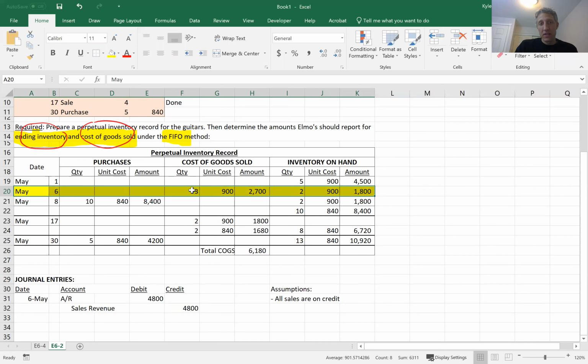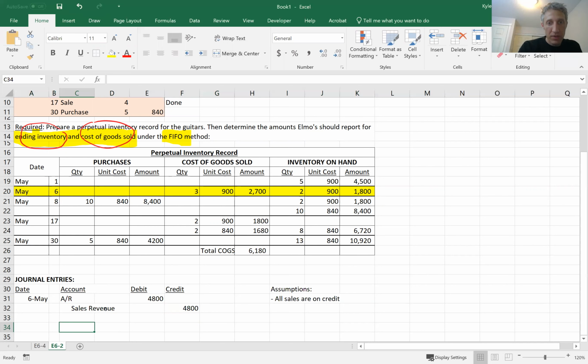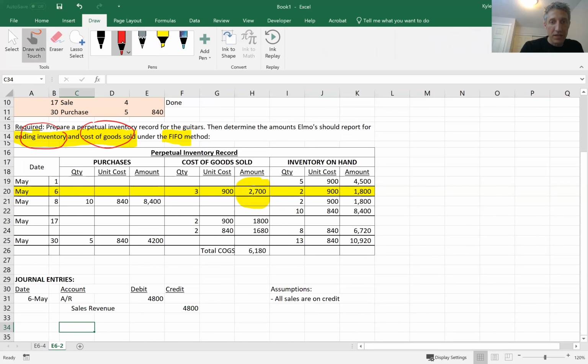The purpose of it is to help us calculate cost of goods sold. So if I look up at the schedule on May 6th, we calculated the cost of goods sold. One more time, the cost of goods sold was $2,700. And that was on May 6th.